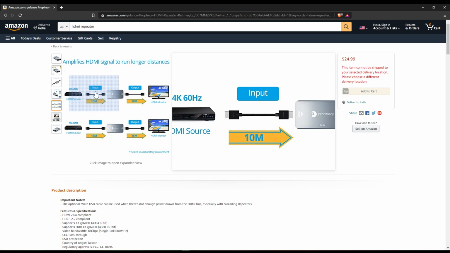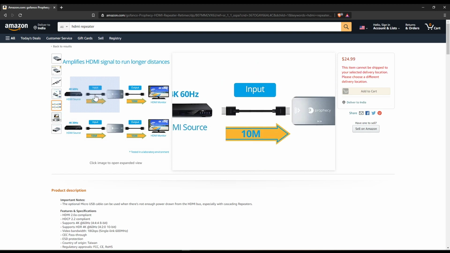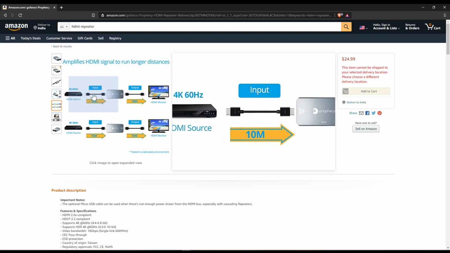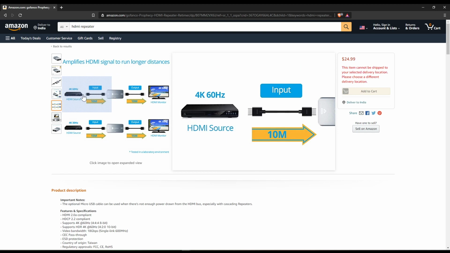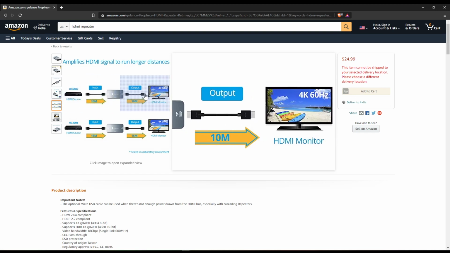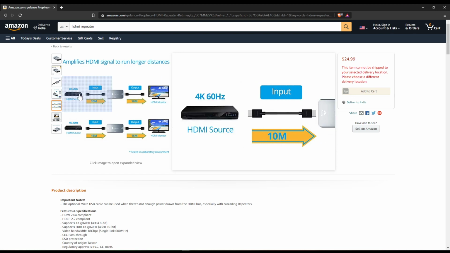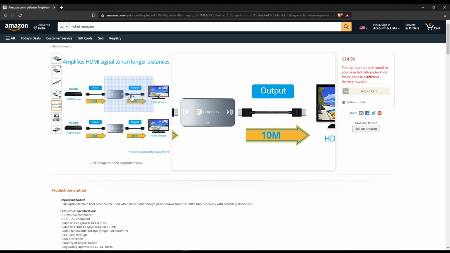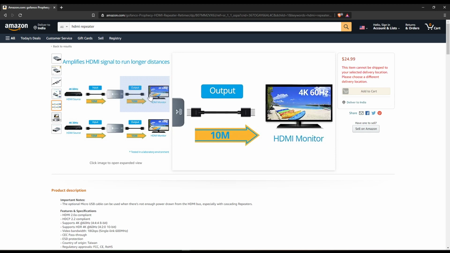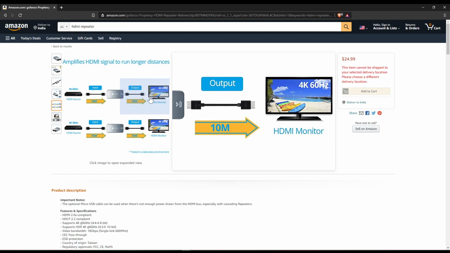Let's say that this HDMI cable, as you can see on my screen, is for 10 meters. Let's say your monitor is at a distance of 20 meters from your HDMI source. What happens is that the signal may get weak as it travels the 20 meters.